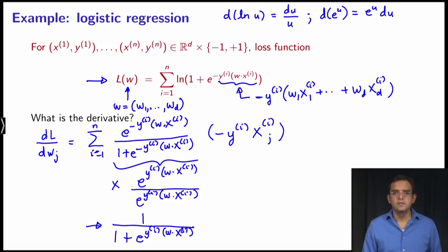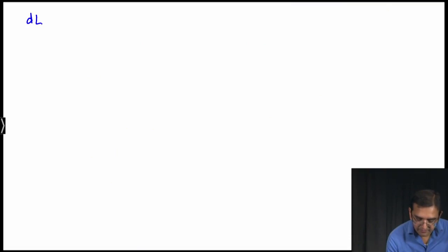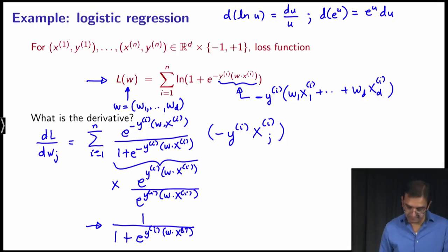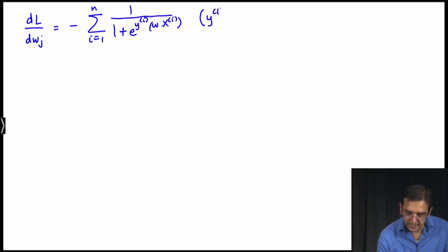Okay, so let's just copy this over now. So the derivative of the loss function at wj is minus the sum over all points from 1 to n of 1 over 1 plus e to the yi w dot xi, times yi xi j.